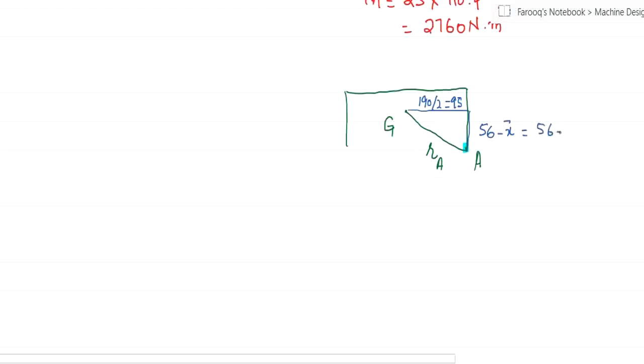So 56 minus 10.4 is going to give us 45.6. So working on this right angle triangle can give us the value between G and A. This is our point G and this is our point A. This perpendicular is 45.6 and base is 95.